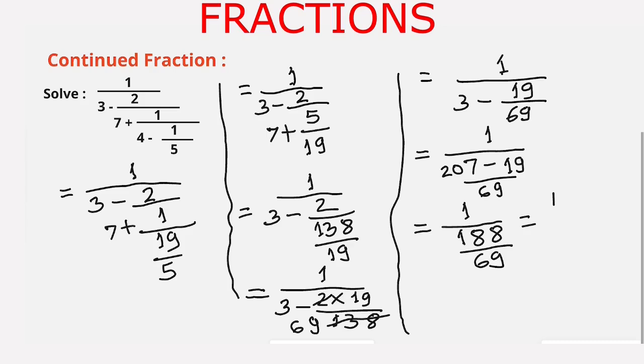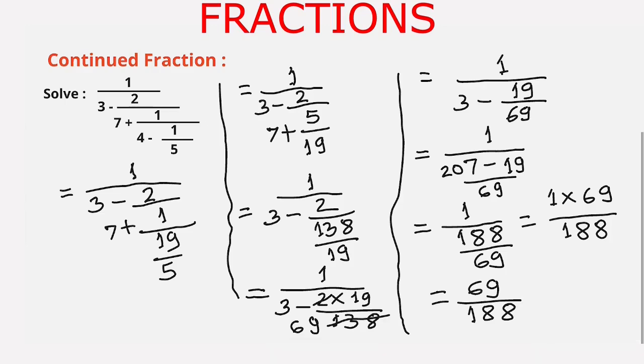So it becomes 1 multiplied by 69 upon 188, equal to 69 upon 188, and this is the solution of the given continued fraction. I hope you have understood the method of solving continued fractions. We go to the next topic.